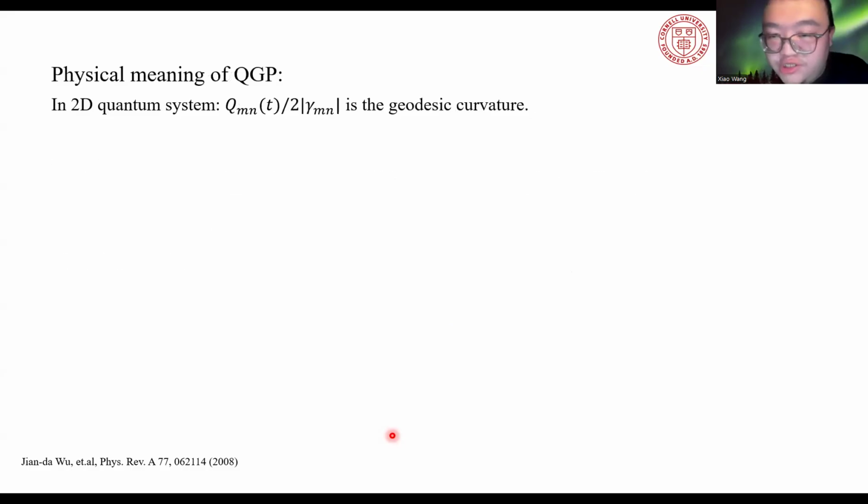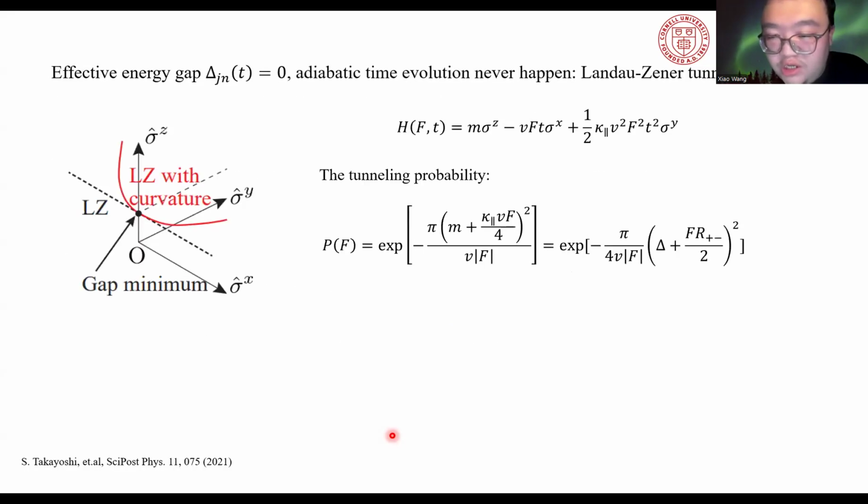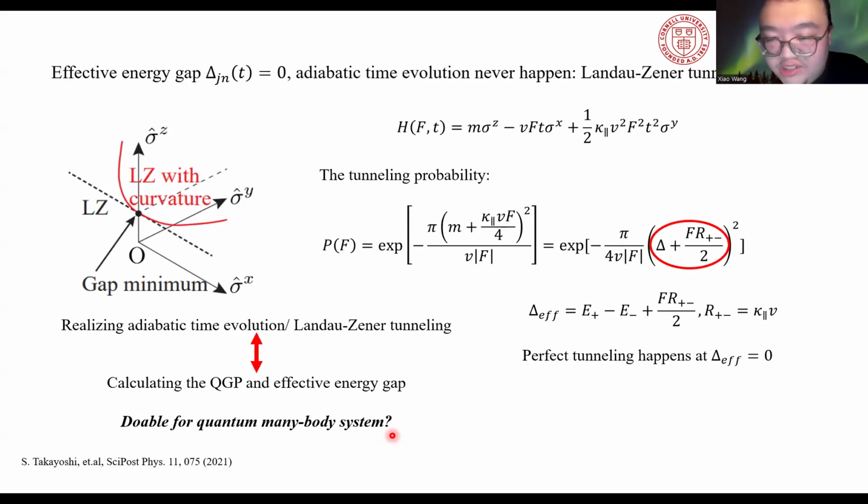So we do not try to find the specific adiabatic conditions of the system itself. Instead, we try to find in which parameter space the system will enjoy an exact perfect many-body Landau tunneling process. So this requires solving both the quantum geometric potential and the effective energy gap for the quantum many-body system.